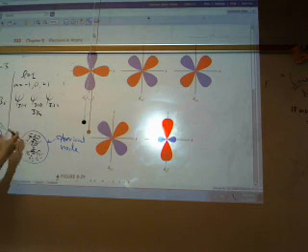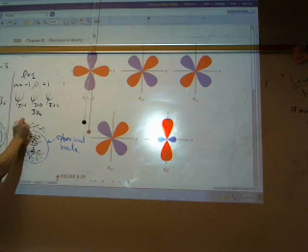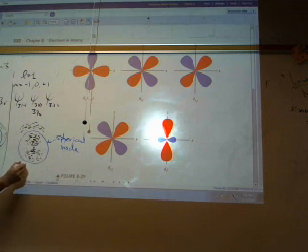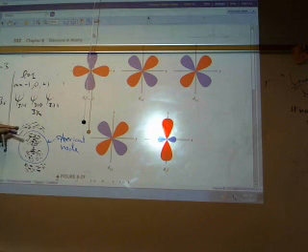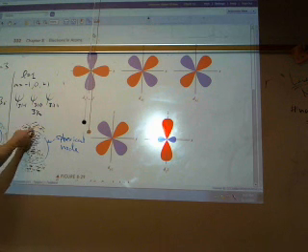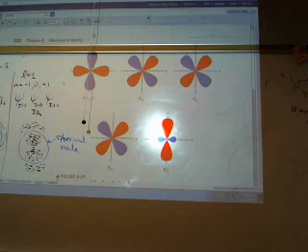And then we have some probability out here. And so what it looks like, it has the dumbbell shape of p orbitals, except there's a node slicing the cloud here and down here. And so we have multiple lobes here. In fact, we have 4 lobes here, or 3 lobes here. And so it looks like a 2p, but we got this spherical node, which is slicing it, and it's much bigger than a 2p. A 2p orbital is going to be quite a bit smaller.